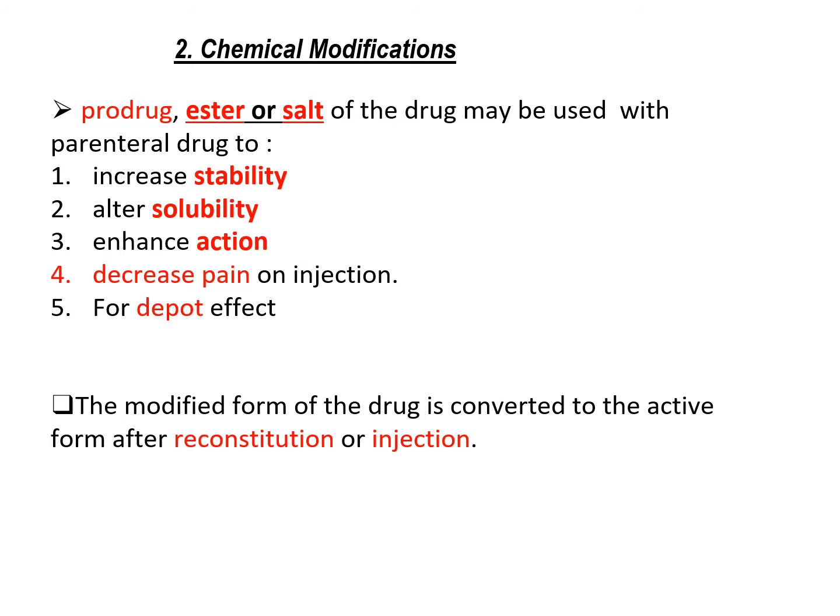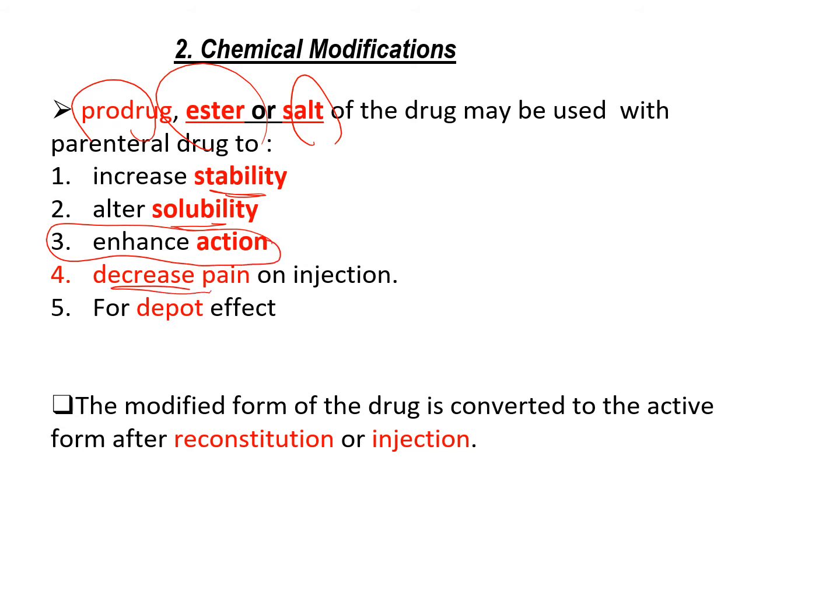Another way to consider before adding the drug to our parenteral injection is to make a chemical modification whenever required. We can convert the active ingredient into an ester or salt. Why? To increase the drug solubility or stability, to enhance the drug action, or to avoid irritation.